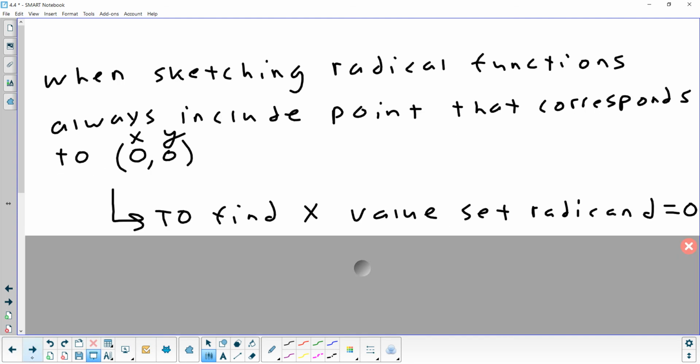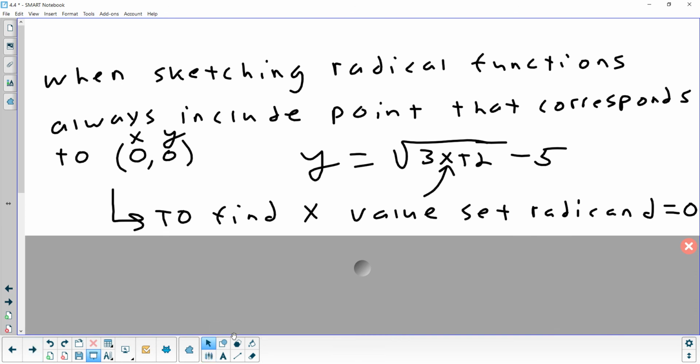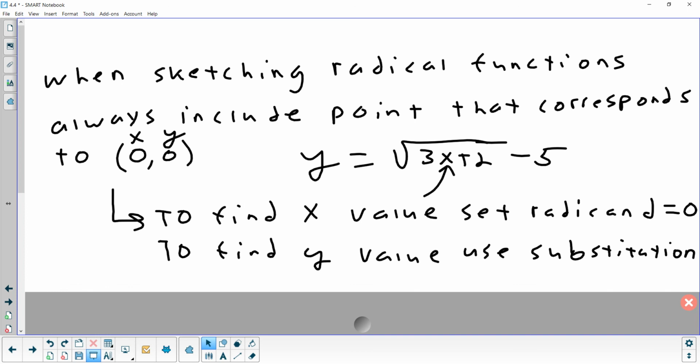Once you know the x value, all you have to do is take that number, plug it back in, and do it out, and you'll have the y value.